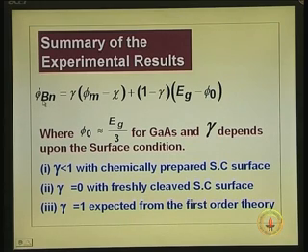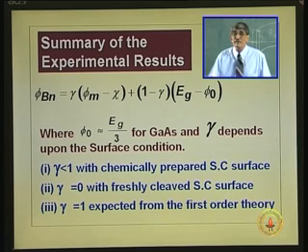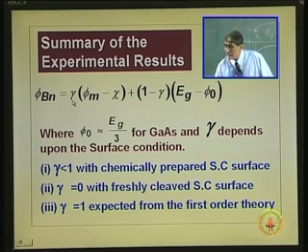So, for example, we said phi b n is equal to phi m minus chi, but it is much more complicated than that. It is an equation well accepted, way back it has been derived, but if you include the effects of the surface states, you get this equation.